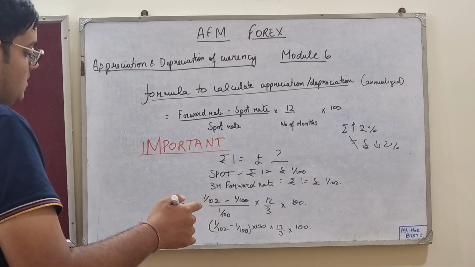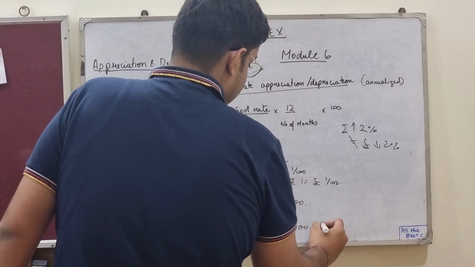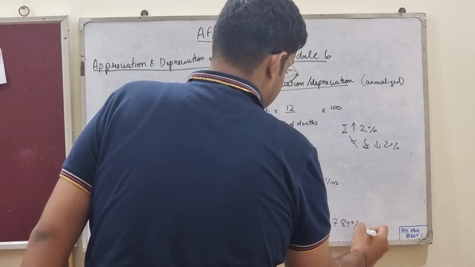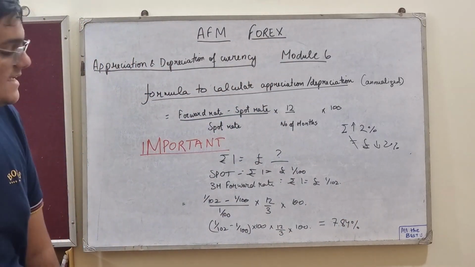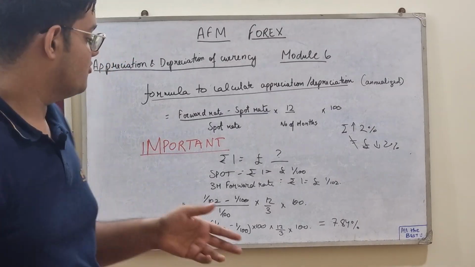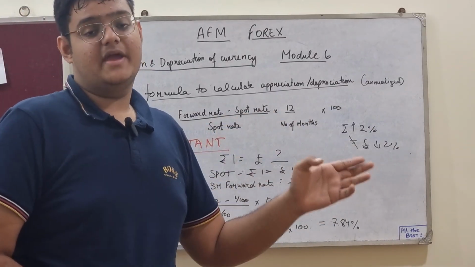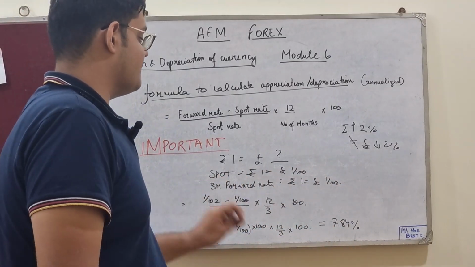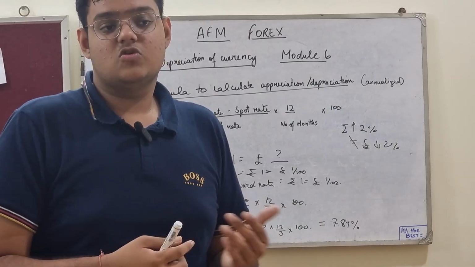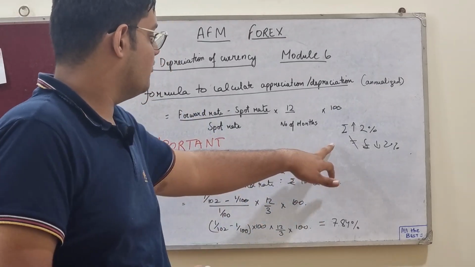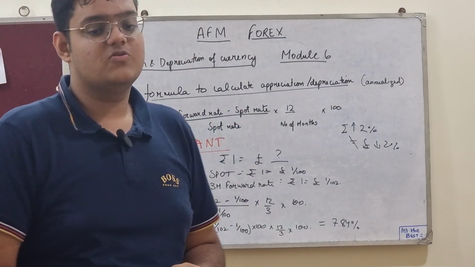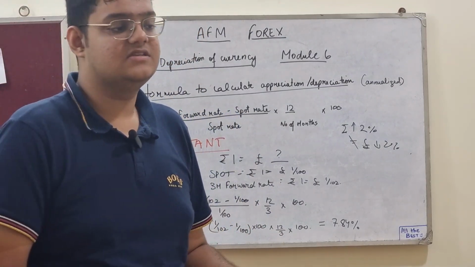This will then come out to 7.84%, which would be the depreciation rate for rupees. So hence proved, the pound was appreciating by 8%, but the rupee is depreciating by 7.84%. Hence these two rates cannot be told as the same. Therefore, when we are calculating the appreciation or depreciation of the product, we cannot assume that the price is also appreciating or depreciating by the same rate.